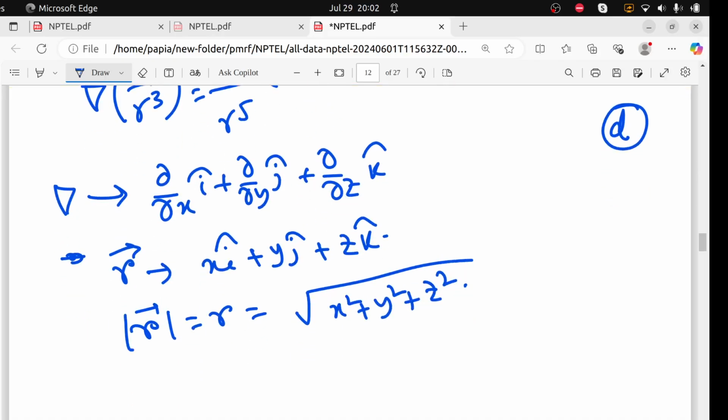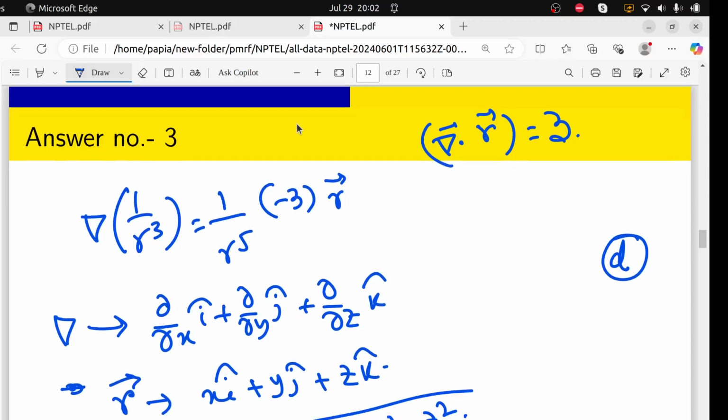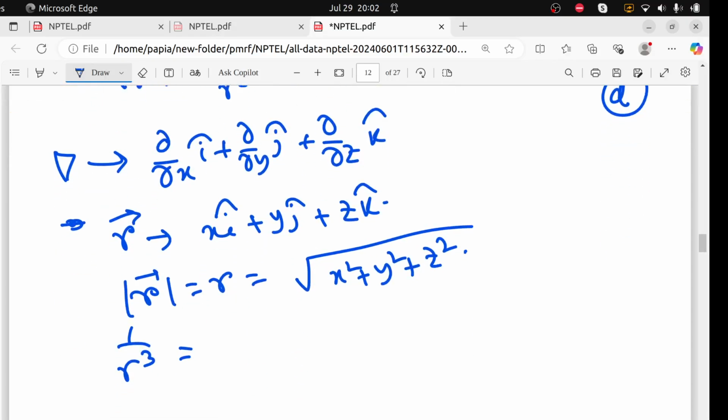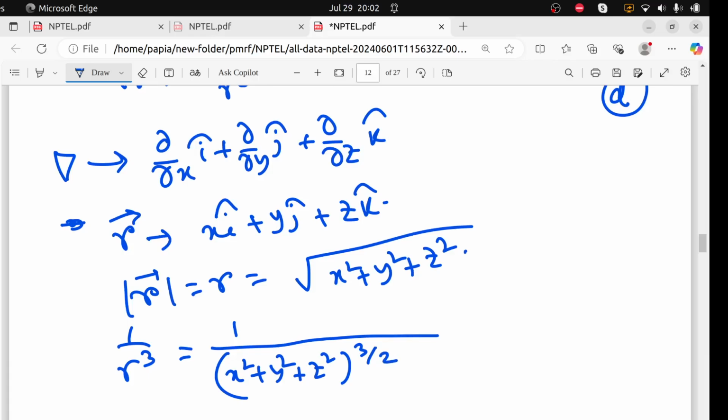Up to this it is fine? Yes, ma'am. So 1 by r cube. First of all, 1 by r cube should be a scalar because grad is going to operate on it, and it is a scalar because r is scalar and 1 by r cube is also a scalar. So if I write 1 by r cube, it is x square plus y square plus z square whole to the power 3 by 2.